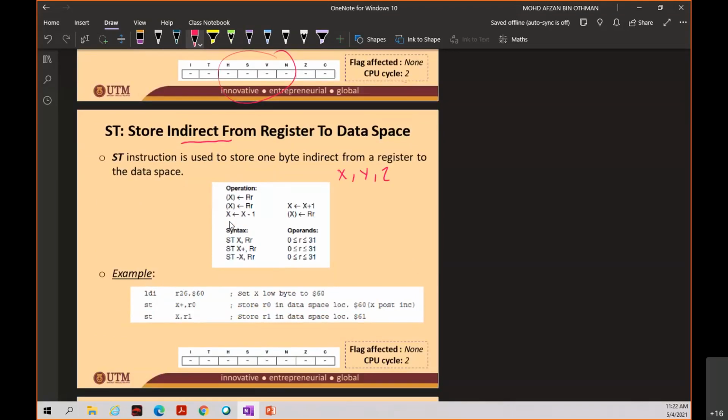As we can see here, you have 3 syntaxes. ST X, Rr means your pointer register X doesn't change, while ST X+, Rr is a post-increment, and ST -X, Rr is a pre-decrement. The status register is also not affected. For the data movement instructions, your status register flags are not affected.